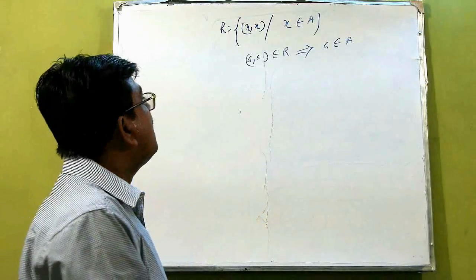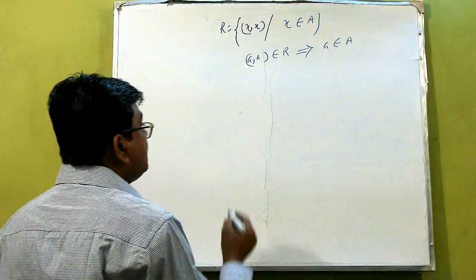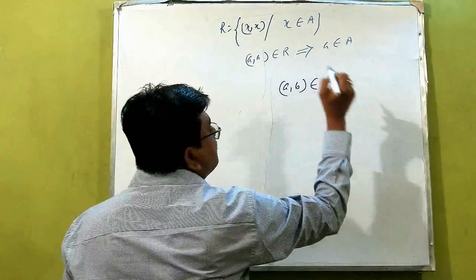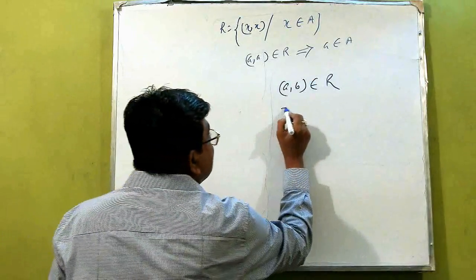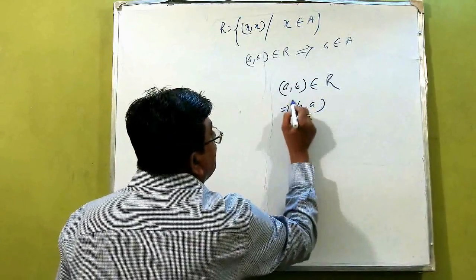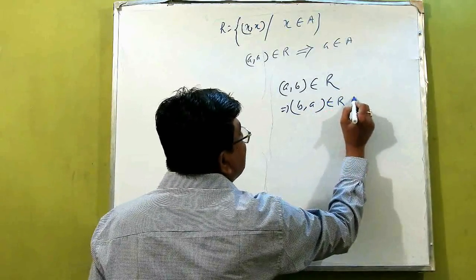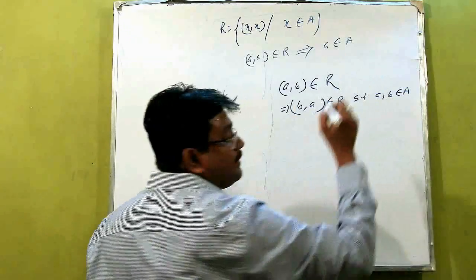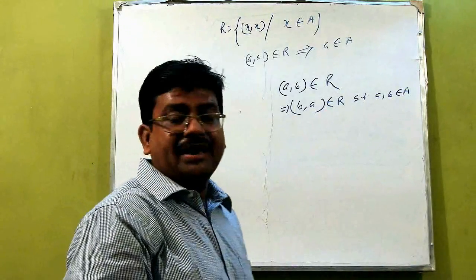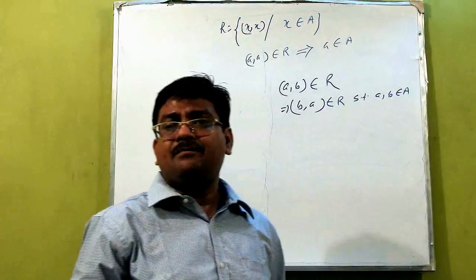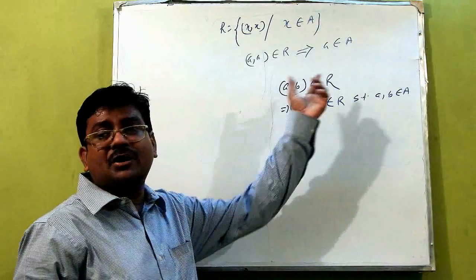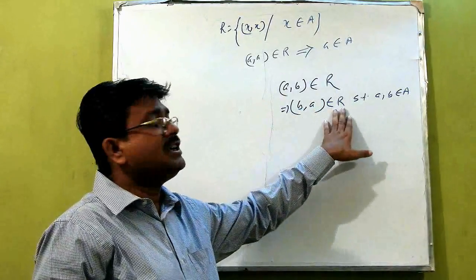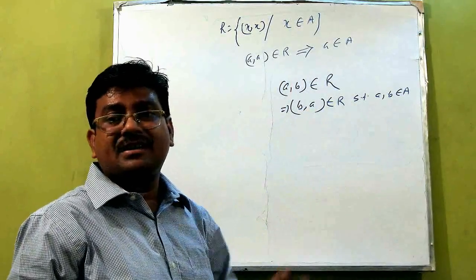Next, symmetric relation. What is symmetric relation? Let (a, b) belong to the relation R, which implies (b, a) belongs to R, such that a, b are elements of the set capital A. So if a, b are elements of the set capital A and (a, b) is a pair which belongs to the relation, which implies (b, a) belongs to the relation, it is called a symmetric relation.